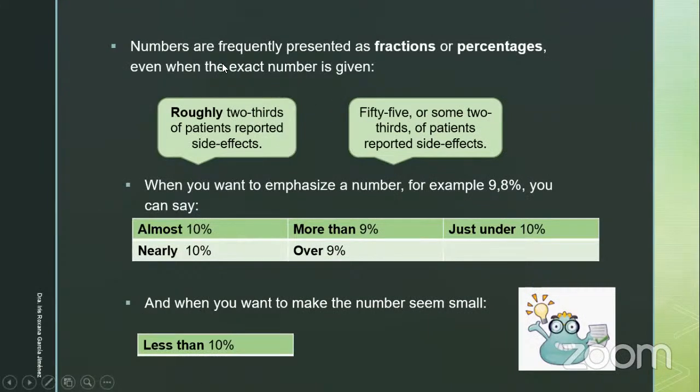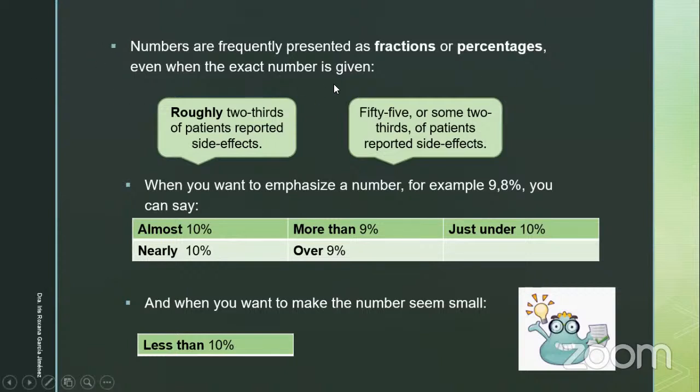Numbers are frequently presented as fractions or percentages. It's very common in our career to see these values, and while reading and expressing these ideas, these expressions are going to make it easier and nicer.